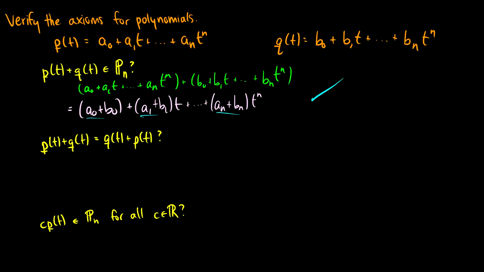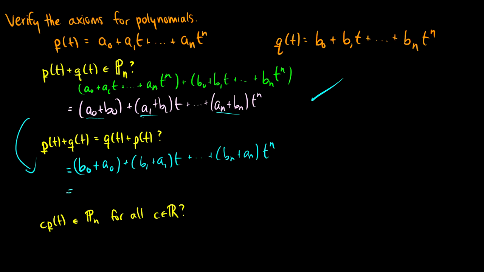What about if we have polynomial p plus q equal to q plus p? Well, we already have this first part here, so I'm just going to take this and write it down, and we know that we can switch the values of this. We can write this as b0 plus a0, because these are just real numbers. We've already worked with these. This is b1 plus a1 times t, all the way up to bn plus an times t to the n, and then we can separate these again.